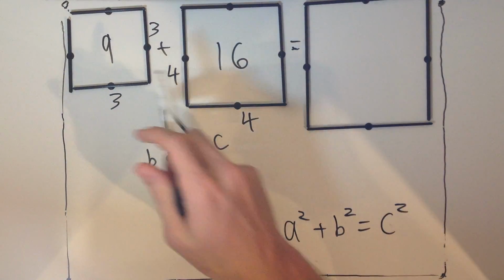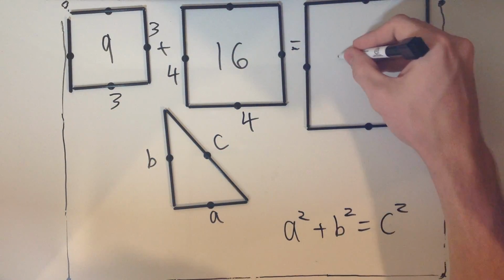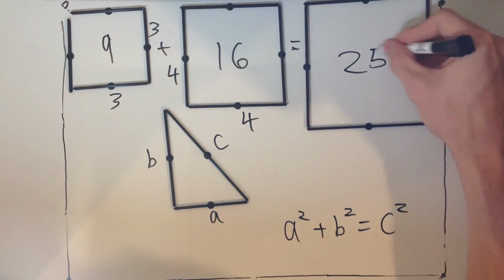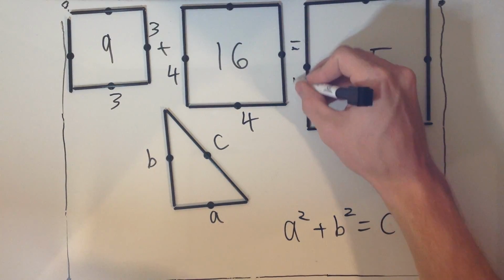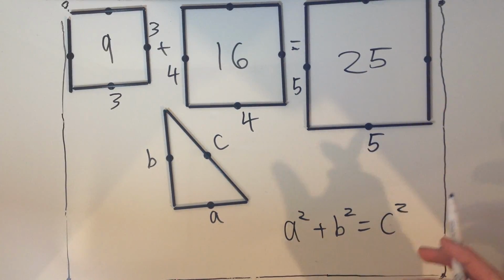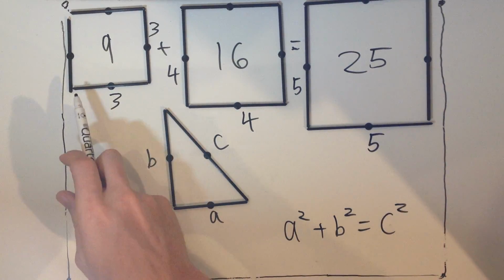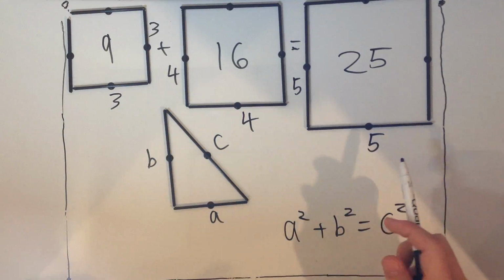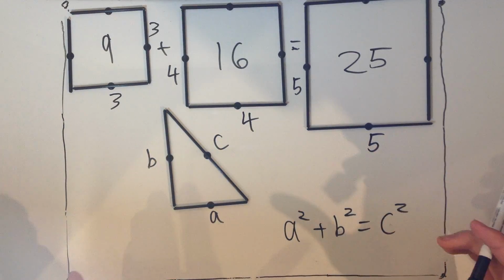Now 9 plus 16 equals 25, which just so happens to be this side length of 5 multiplied by this side length of 5. So here you see we get the Pythagorean theorem in its original geometric form.